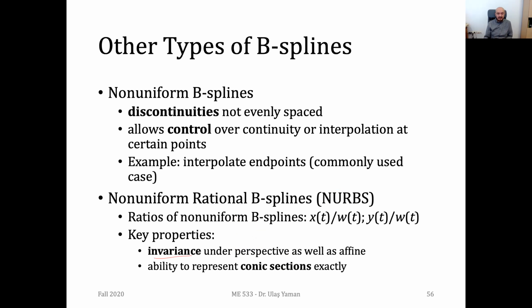So even though you change the space, even though you do translation or such things, they will not be modified. They are always the same. So this is another advantage of it. And lastly, you can represent any kind of surface, any kind of curve with the help of non-uniform rational basis splines.